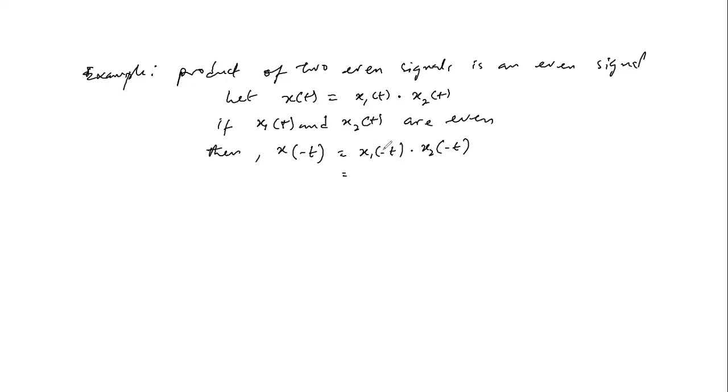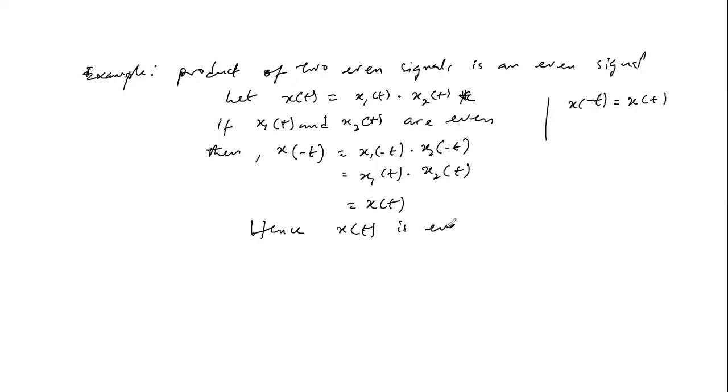We already know that for an even signal, S of minus t is the same as S of t. So this is going to give us S1 of t dot S2 of t, which gives us our original signal, S of t. Hence, S of t is even.